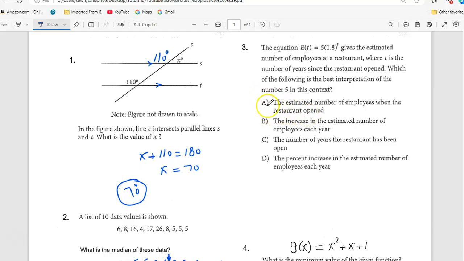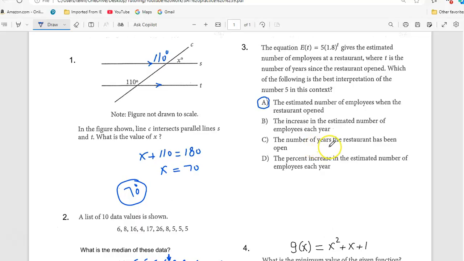So this is our choice. That's the right choice. That's our answer. If you take a look at the other choices, it doesn't match. It doesn't work. It's not equal to 5. The increase in the estimated number of employees each year, no, it's not.